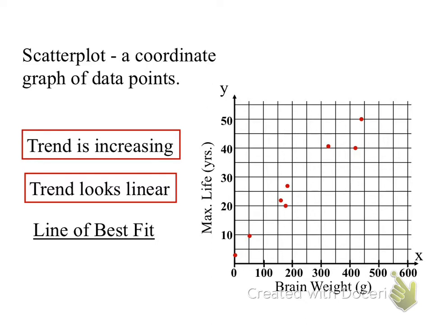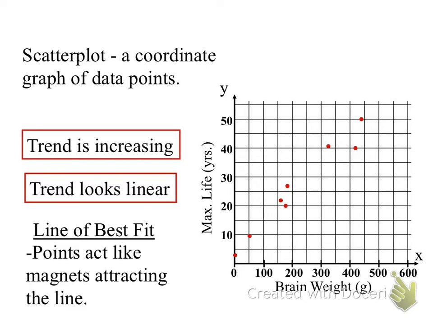Now, we're going to take a ruler, and we're going to draw a line. Where does the line go? We're going to pretend that this ruler is a piece of metal, and that all of these points are magnets.